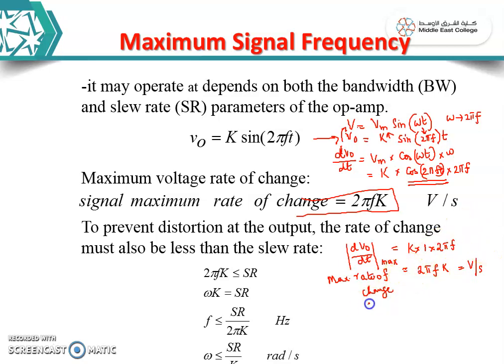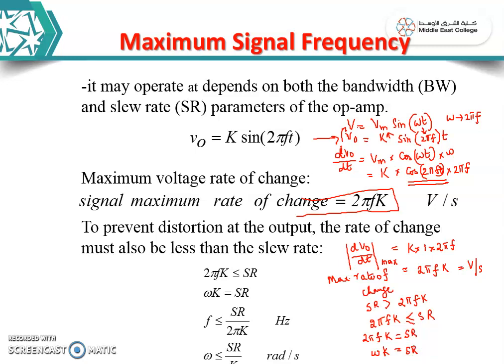So that means the slew rate should always be greater than the maximum rate of change of the signal, or 2 pi f K should be less than or equal to slew rate. Understood? So let us take the worst condition. So let us assume 2 pi f K is equal to slew rate. Okay, or 2 pi f is omega, so omega K is equal to slew rate.